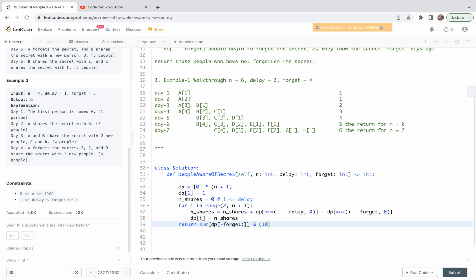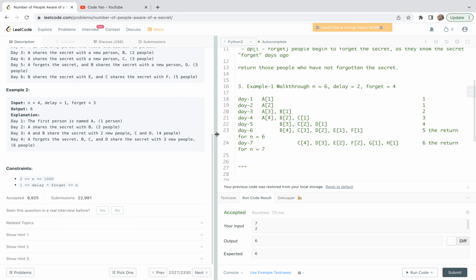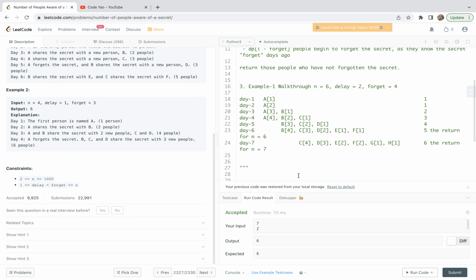So we're going to return the sum of this. But don't forget that we need to do this modulo a big number, 10 to the power 9 plus 7. Actually we can also apply the modulo in the update of n shares or when setting dp i, but it will be okay. We do it here.